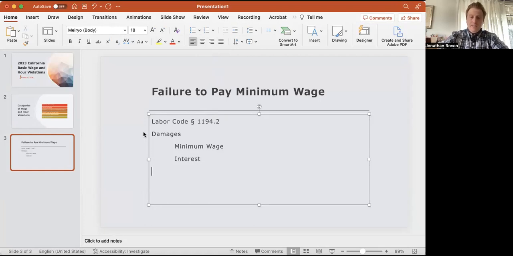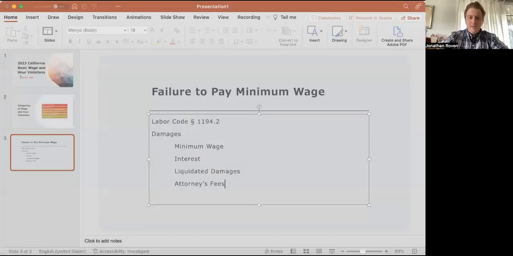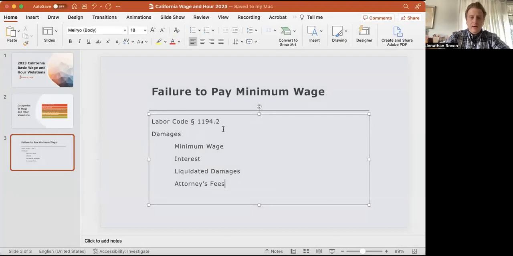The third one is liquidated damages. And the fourth one is attorney's fees. So just on a minimum wage case, this could be very significant because there are so many associated damages. And I'm just going to save this. I could put this up for you guys later.